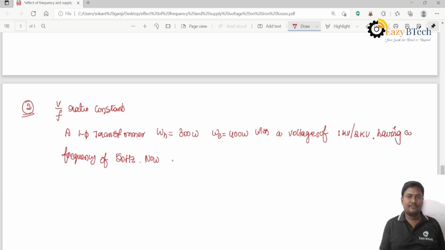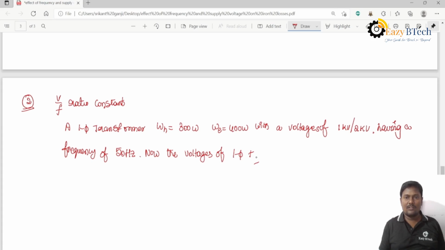Now the voltage of the single phase transformer is doubled and frequency is also doubled.